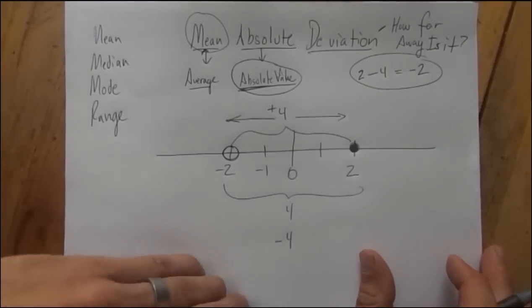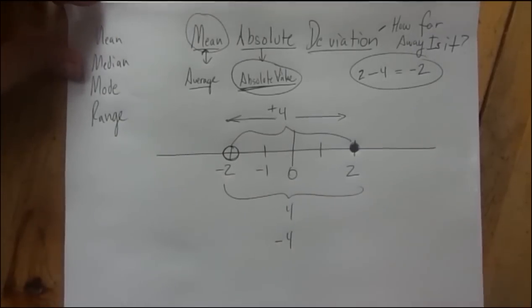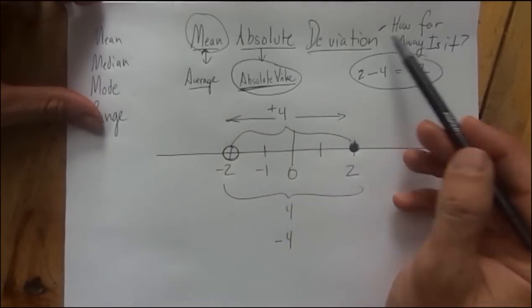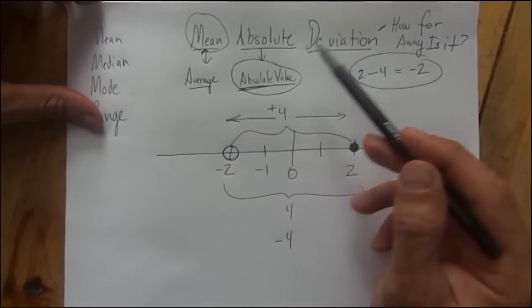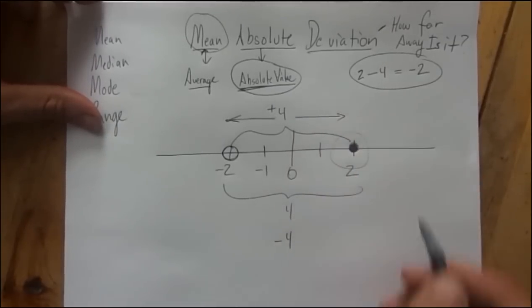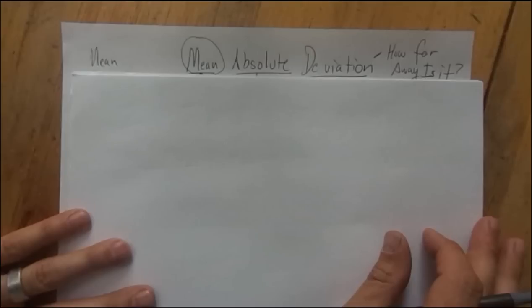We want to know how far away something is. So when we're looking for mean absolute deviation, what we're actually looking for is the average distance all of your data points are from a certain place. Mean absolute deviation. Okay? So let me show you what I mean.